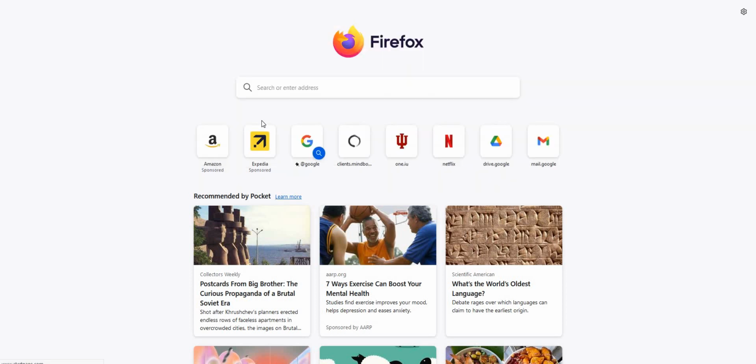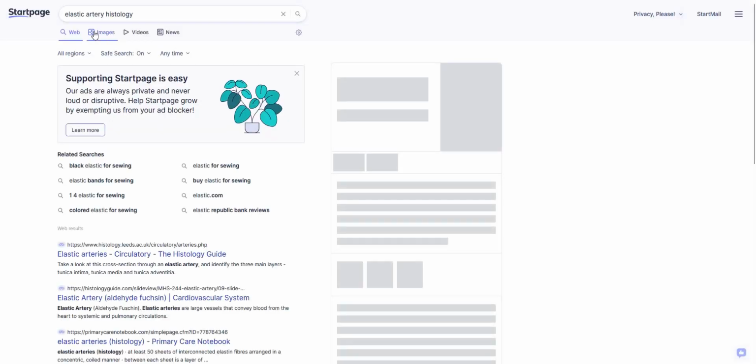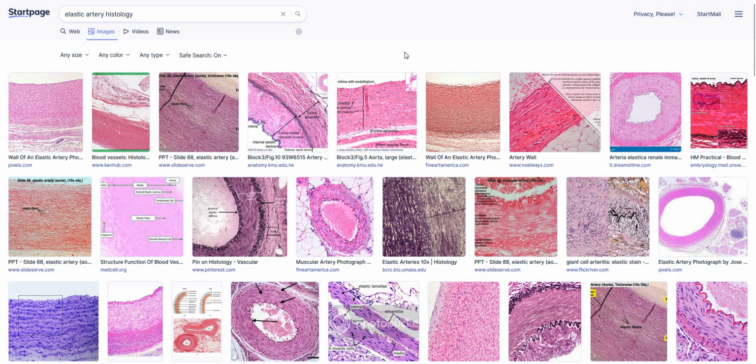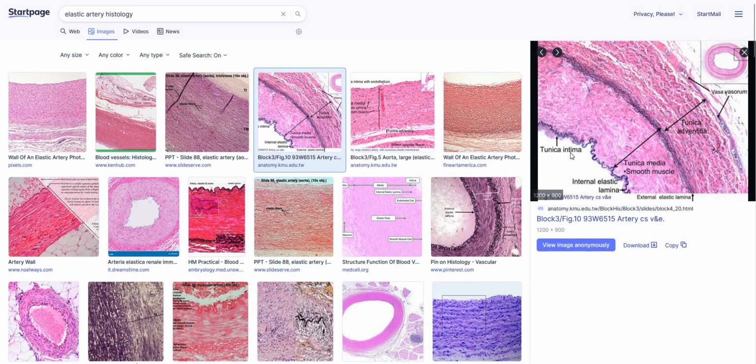No. Okay, so we are now going to go to Google because I want to show you an elastic artery histology slide. This is really important. So this is a big hint for Lab Exam 1, but one of the places where we find elastic tissue is in elastic arteries. So if you see a slide that looks like this and you think, hey, that's an elastic artery, that's probably a great indication that I'm asking you about elastic connective tissue.